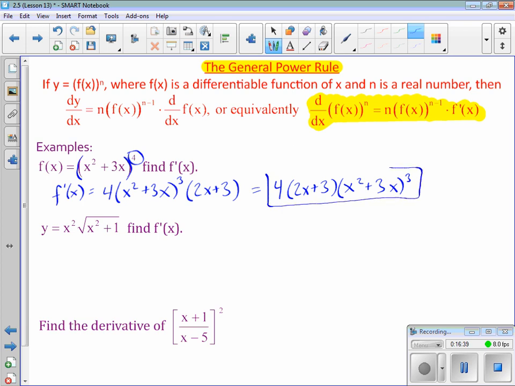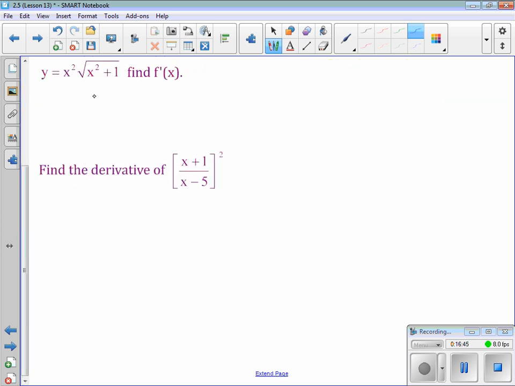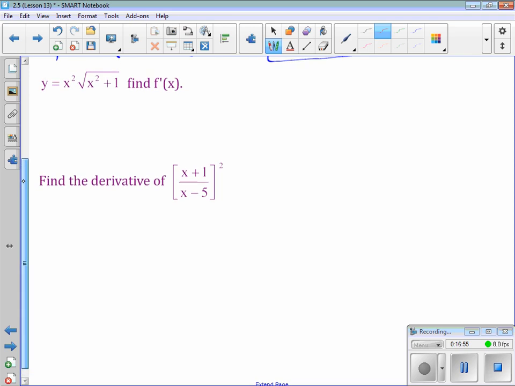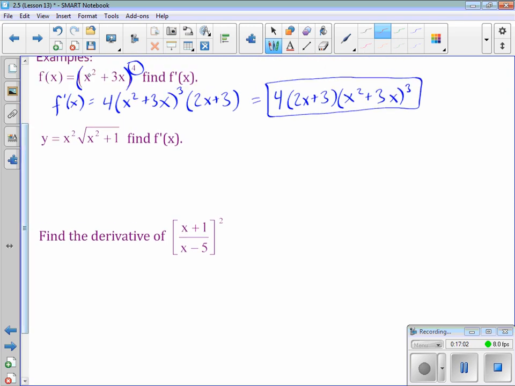Let's try the next one here. What do I have to use for something like the second piece, or the second one? Yep, so this piece here I'm going to write as x squared plus 1 to the 1/2 power. Do you see how this was just all one piece here?